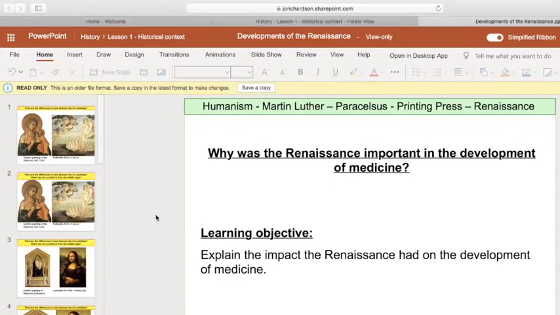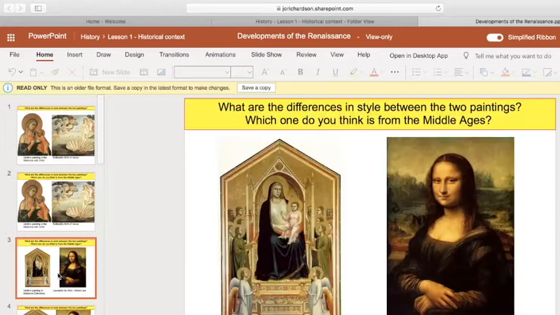It also, in terms of art, looked for realism and human emotion. One of the most important paintings that has come out of the Renaissance is the Mona Lisa. The reason why the Mona Lisa is so significant is because it represents this idea of humanism in art, this idea of making sure there's emotion and again realism.